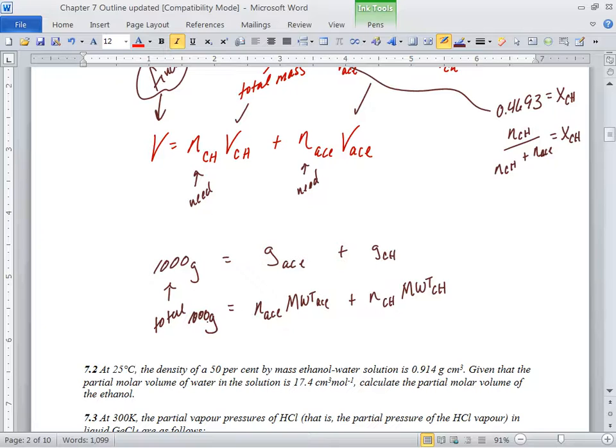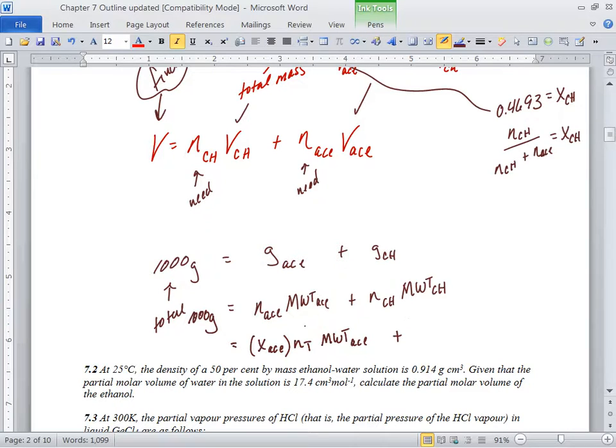1,000. So I solve for n total. I solve for n total, because then this would be the mole fraction of acetone times n total times the molecular weight of acetone.